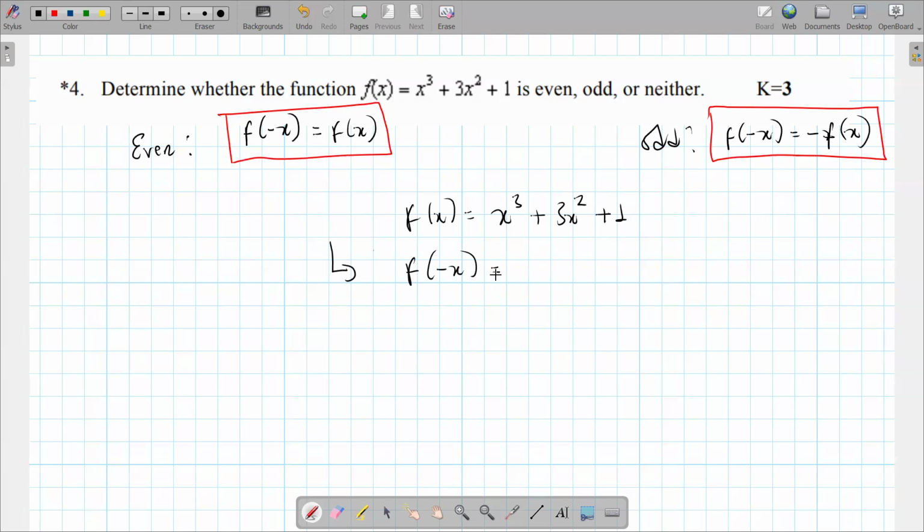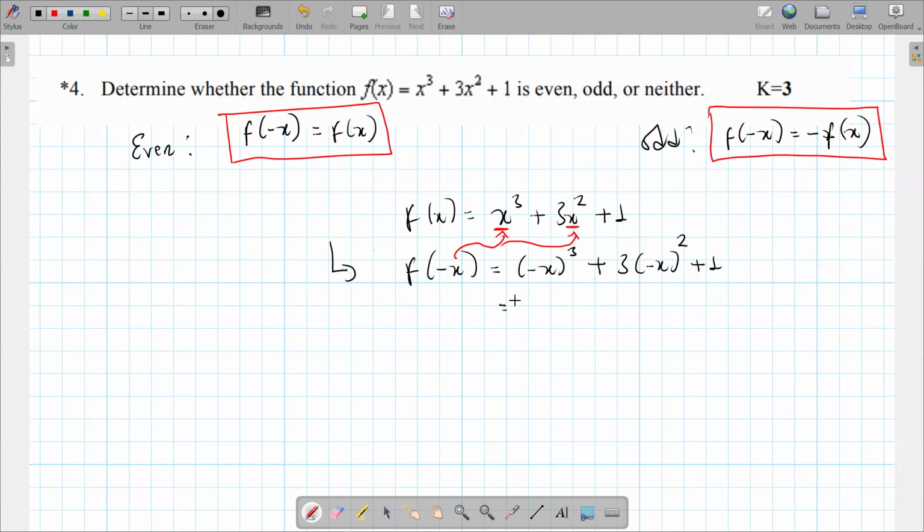And remember how to do this? All you have to do is replace wherever you see an x with whatever you have in the bracket. There's an x here, there's an x here. Replace those with what you have in this bracket, which is negative x. So it's going to look like this. That x becomes negative x cubed plus this other x also becomes negative x squared.